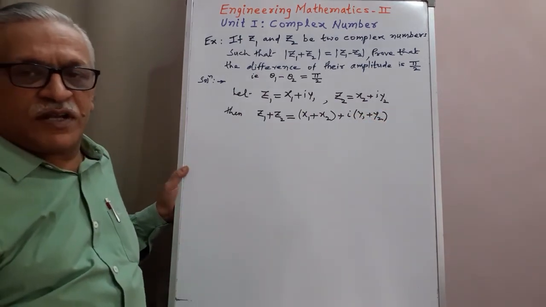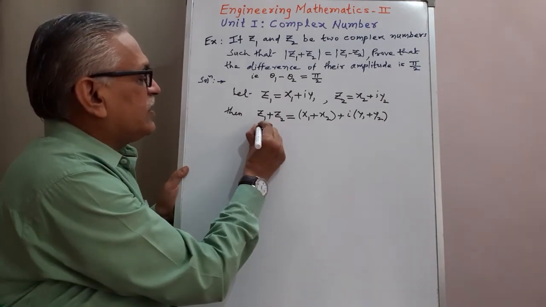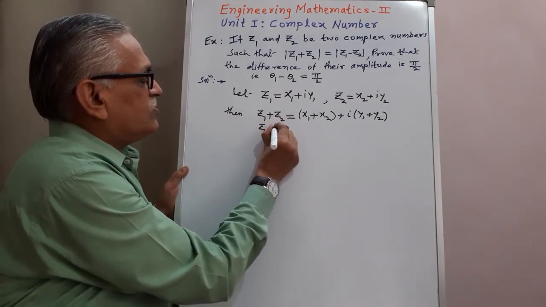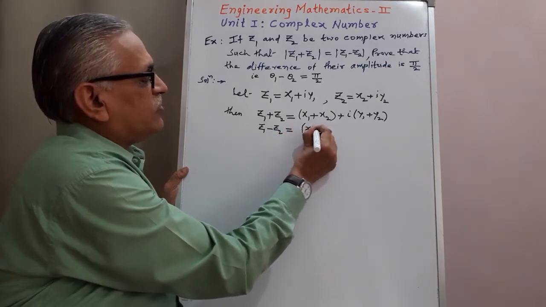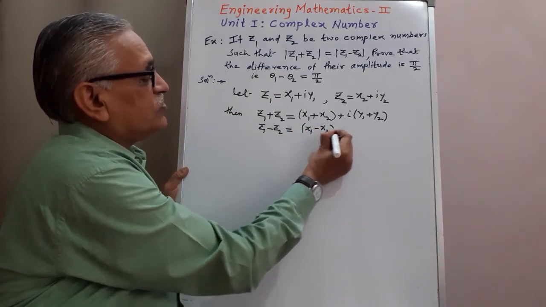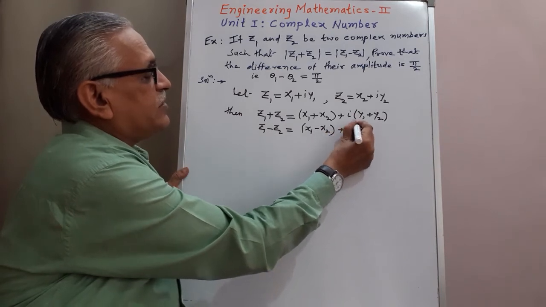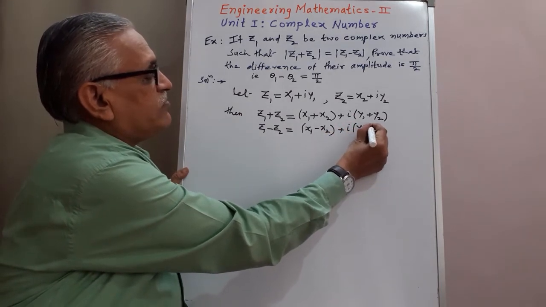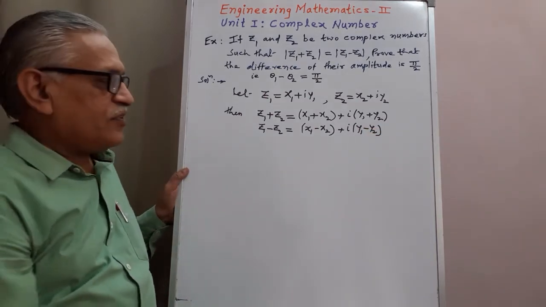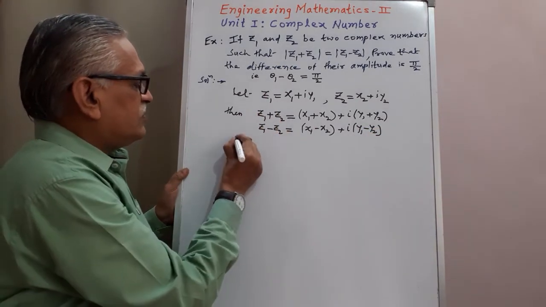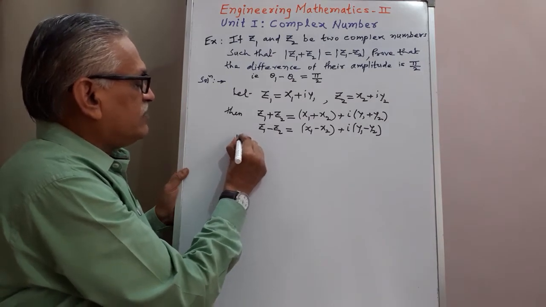This is the sum of the two complex numbers. Similarly, the subtraction of the two complex numbers is x1 minus x2 plus i times y1 minus y2, and then finding the absolute value of this resultant number.